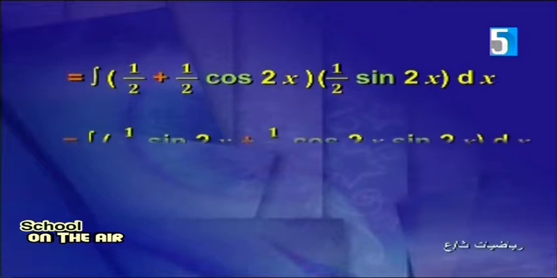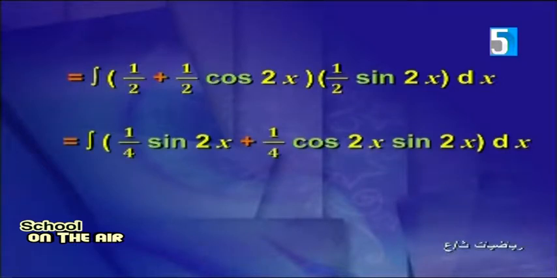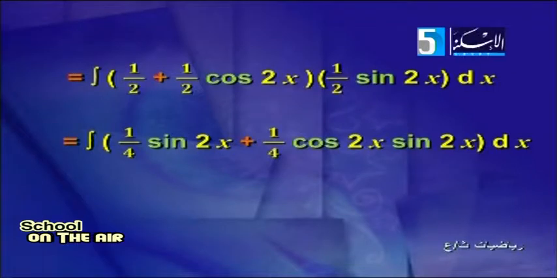Then the integration, cosine power 2x is equal to half plus half cosine double x, multiplied by sine x cosine x, which equals half sine 2x, the integration with respect to x. Then we can multiply half sine 2x times half, and we get quarter sine 2x plus quarter cosine 2x sine 2x.